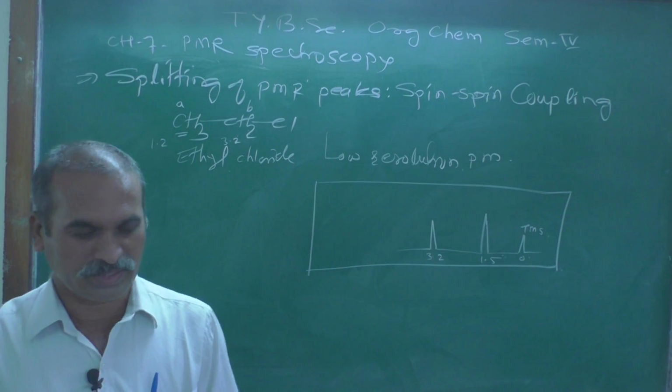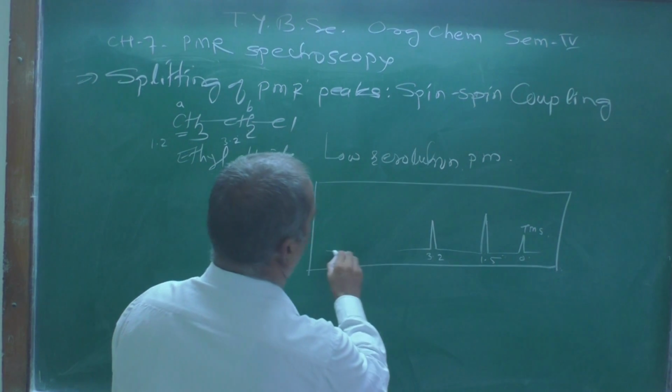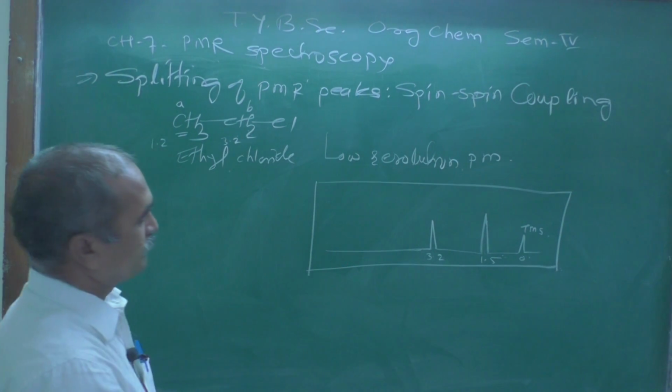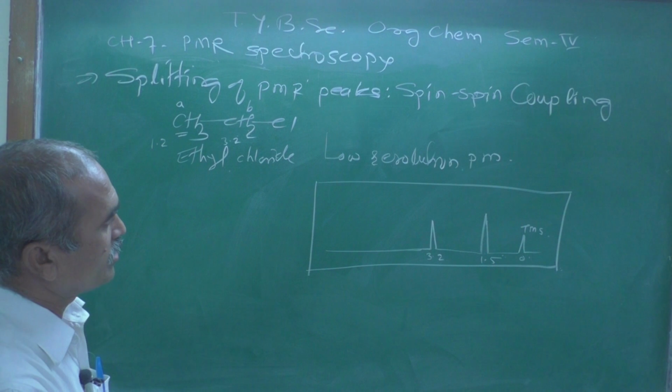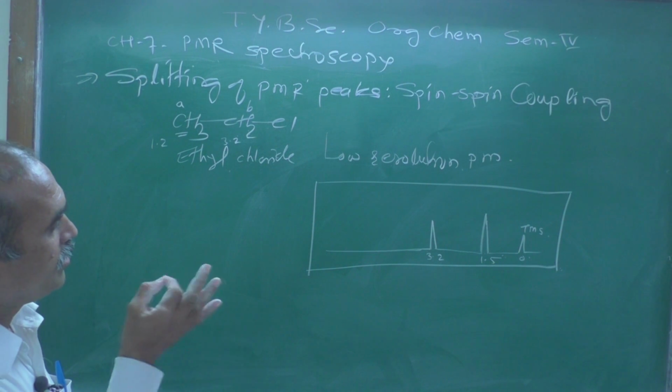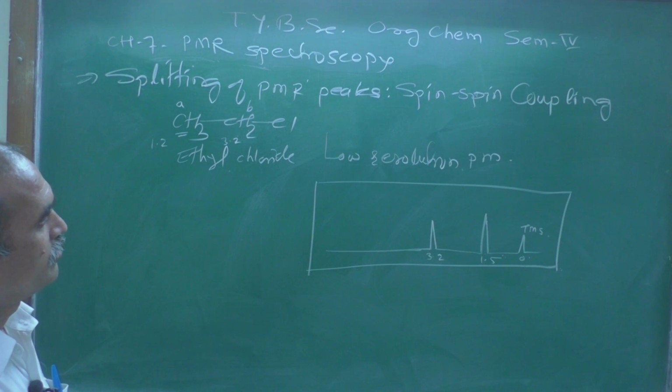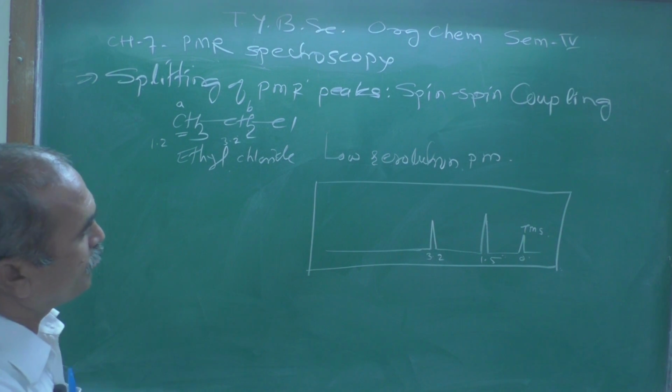Only 2 peaks are observed when the spectrum is taken for low resolution PMR.